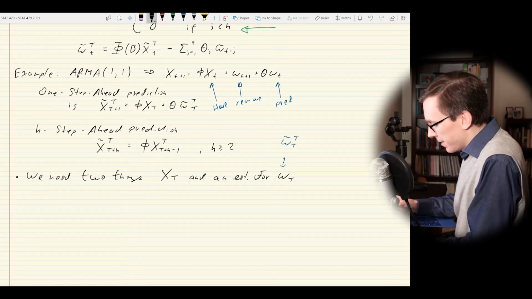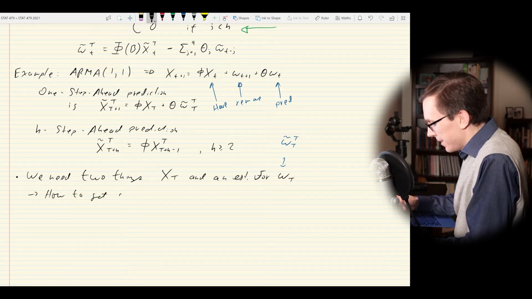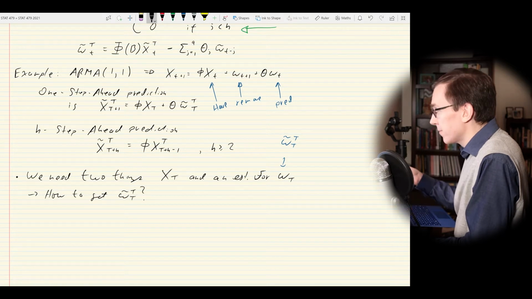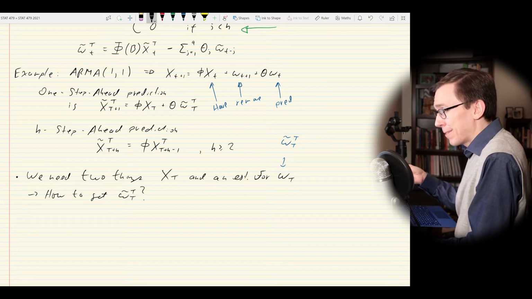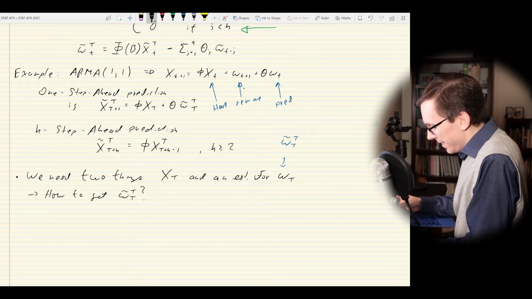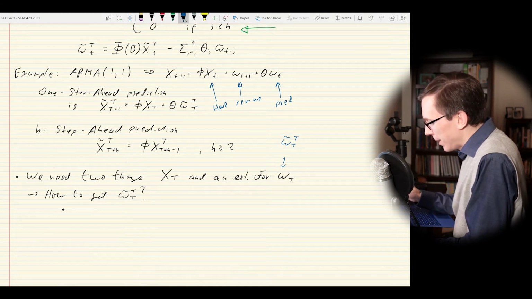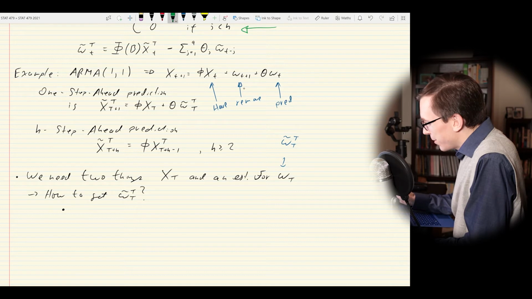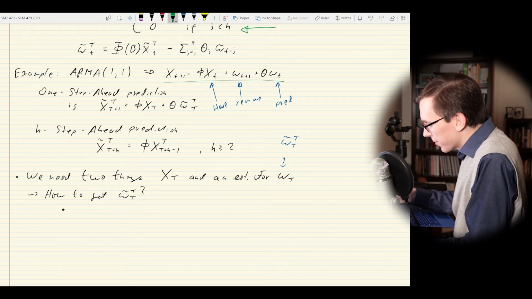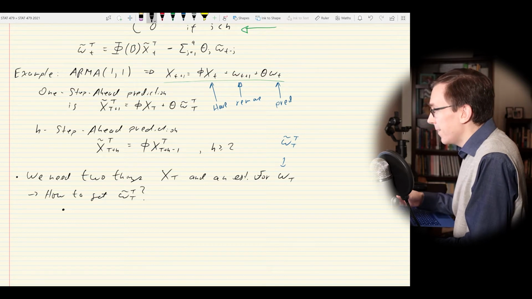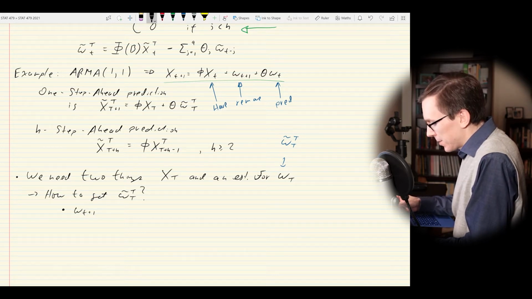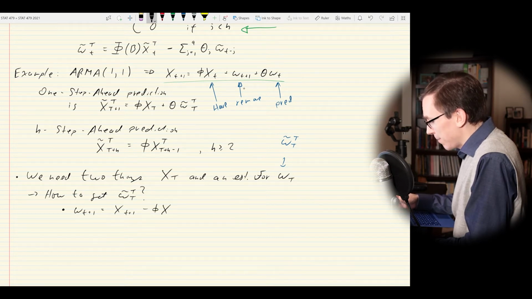So then the question is, how to get w tilde t|t. Okay, well, let's think about that for a second, right? If we rearrange our ARMA equation here, underlined in green, what we end up with is w t+1 is equal to x t+1 minus phi xt minus theta wt.